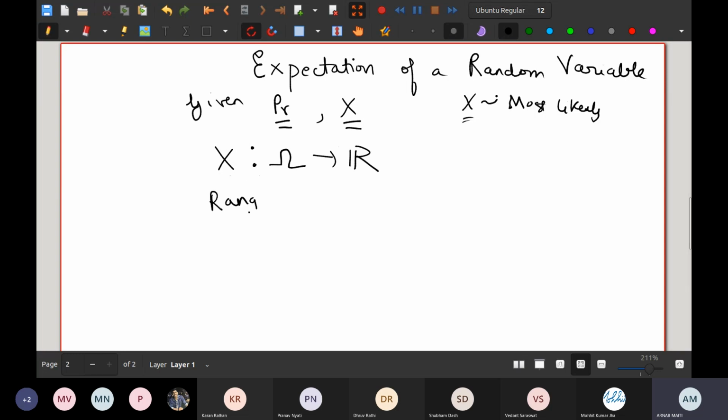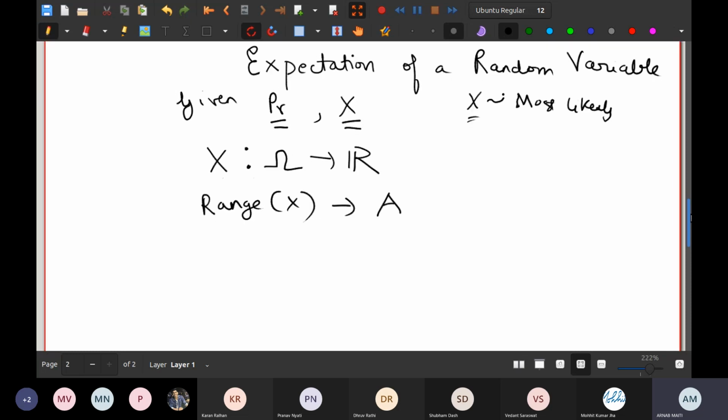Range of X is all such possible values which X can take, as per our function. Let us represent the range of X by some meaningful notation. Let A be the range of X, just for convenience's sake.